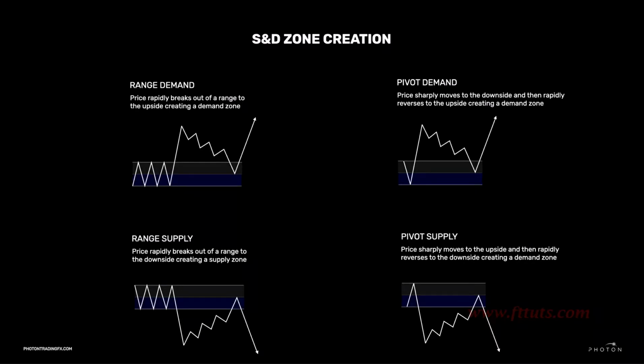So these ranges and these pivot created zones, these really are the footprints of institutional orders in the market that show us where they are stepping in with large orders to cause those imbalances. Now, we never need to guess.